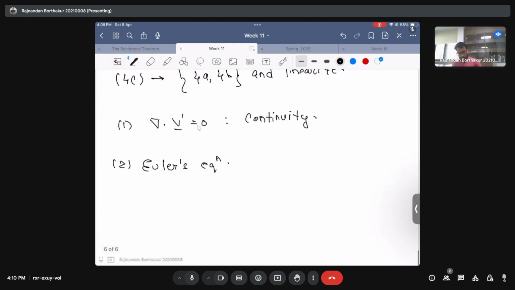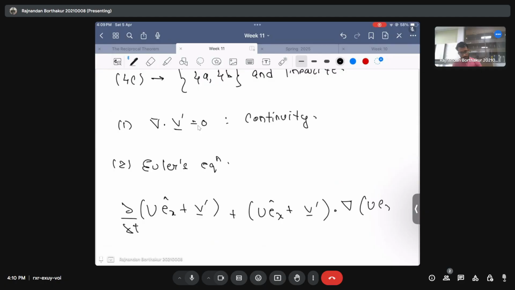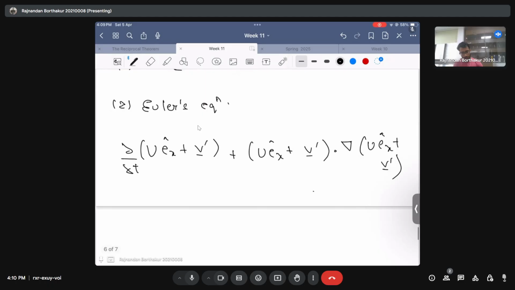So what do we get if we substitute this into this equation? The first term would be del t of (U ex plus v dash), plus (U ex plus v dash) dot grad of (U ex plus v dash), and then we have minus grad of (p naught bar plus p dash).